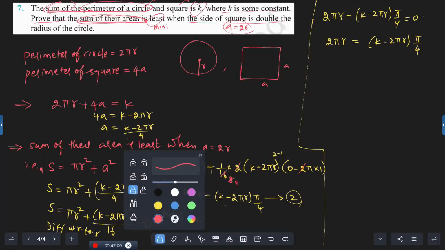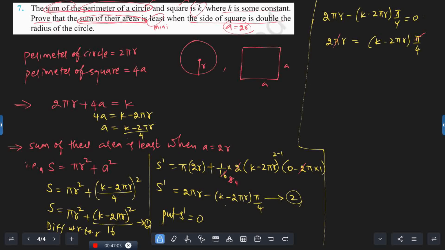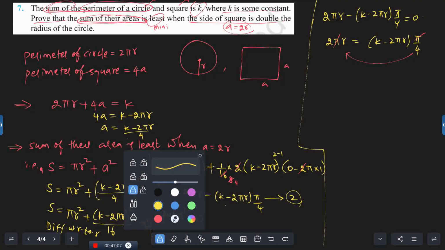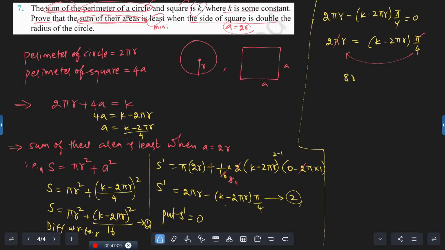Pi you can cancel, one pi you can cancel, and 4 you can send opposite. So 4 times 2 is 8 times r is equal to k minus 2 pi r. We have to find the r value only. So when you bring the minus 2 pi r opposite, 8r plus 2 pi r equals k.